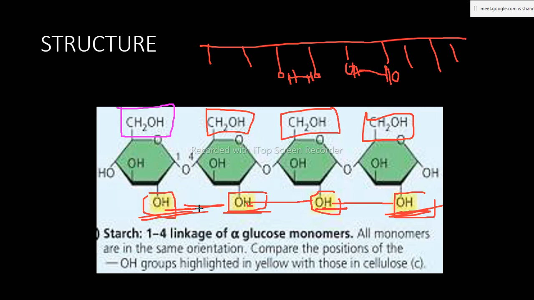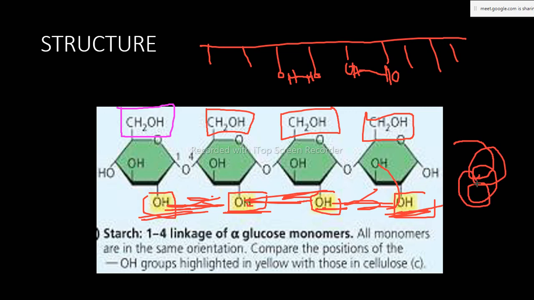Now these forces of attraction formed amongst themselves will be able to pull the structure of starch to bend, because it's pulling here, also pulling here, and also pulling here. So the structure of starch ends up bending, and the more the cross linkages, the more the coiling.